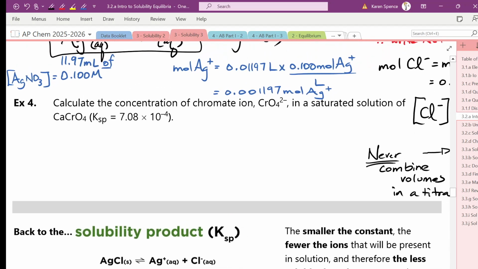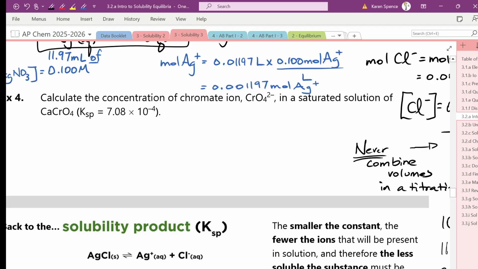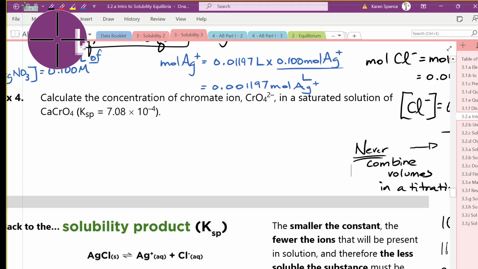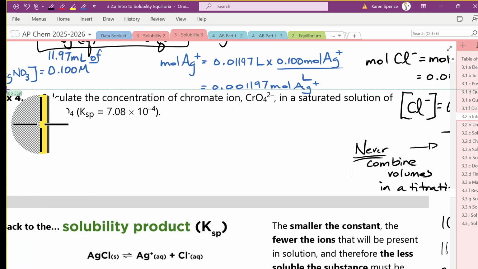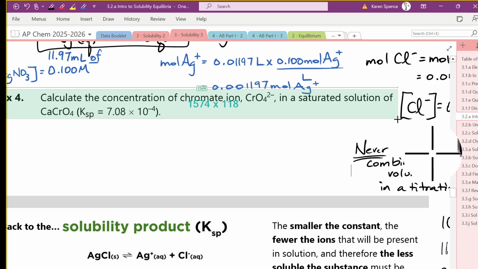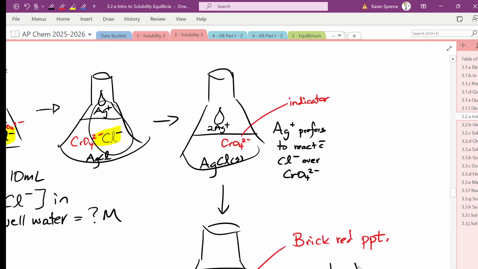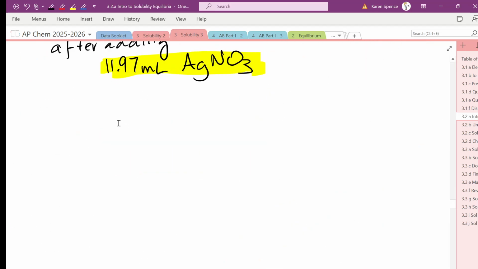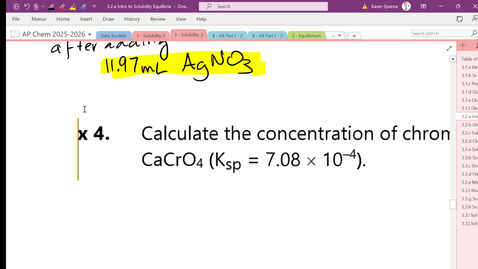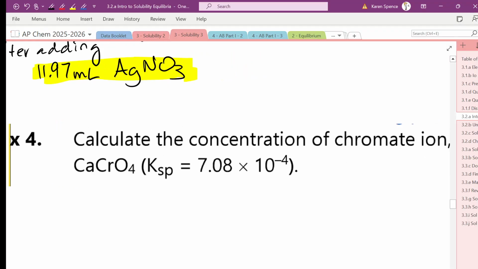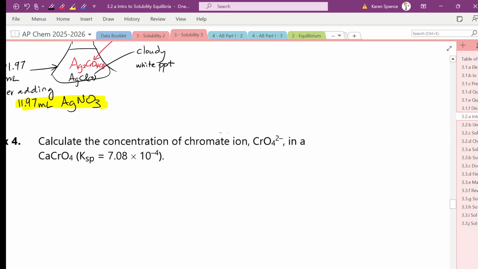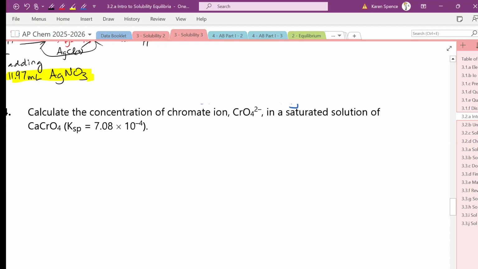I'm actually going to grab this one. And if you would like to grab some paper for this one, we're going to do this last one. First of all, calculate the concentration of chromate ion in a saturated solution of calcium chromate, and you are given the KSP.